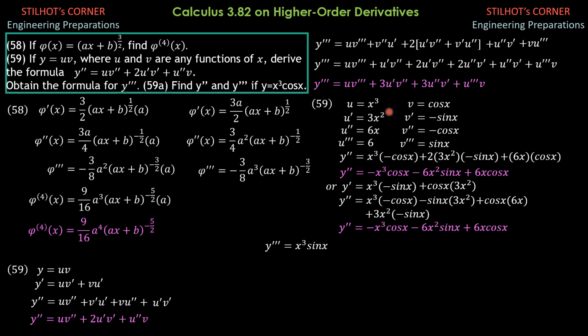Then plus 3u prime, 3 times quantity 3x squared, v double prime, negative cosine x. Then plus 3u double prime, so 3 times 6x, times v prime, negative sine x. Then plus u triple prime v. u triple prime is 6 and v is cosine x, so 6 cosine x.